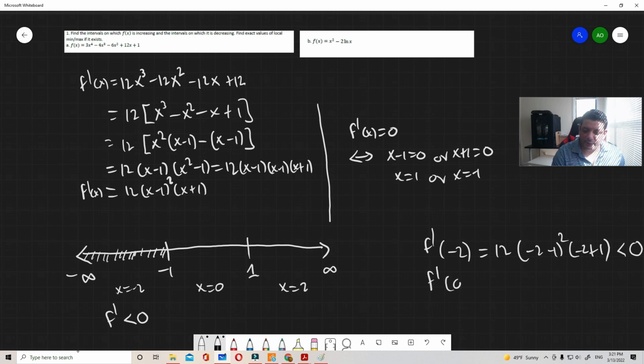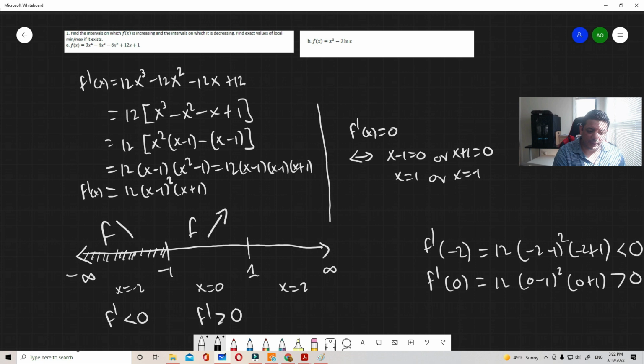Now, if I check f prime of 0, notice that that becomes 12 times 0 minus 1 squared, which is positive, and 0 plus 1, which is positive. So this is positive. And now over here we have that f prime is positive. So this means now here this function f is going to be growing.